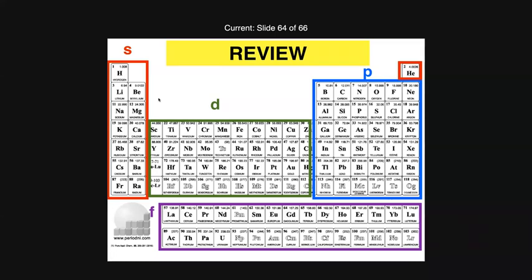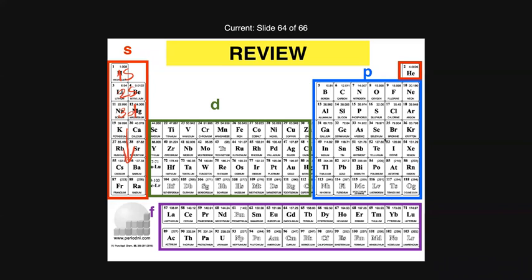So we start s from 1s, and we follow that row by increasing the value before s, so this would be 2s followed by 3s and so on.